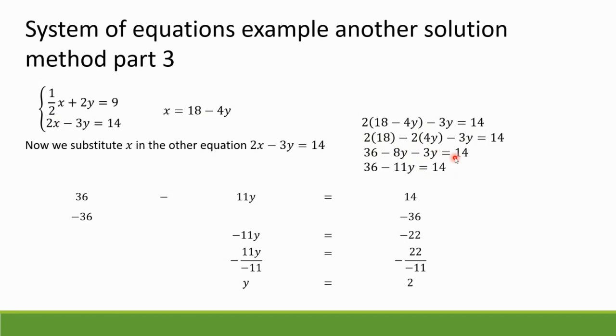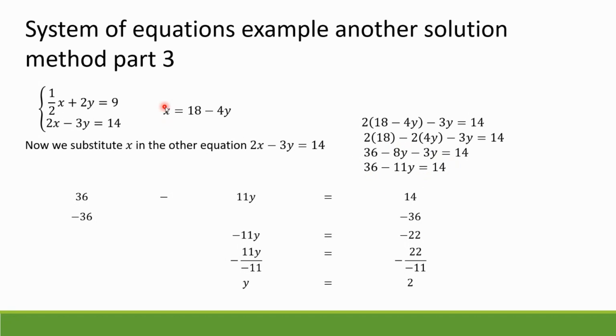Minus 3y is 14. Again, we're just trying to figure out what y is now. Once you plug it in, you have one variable to deal with. In this case, it's y. Let's figure out what that variable is. From here, we get 36 minus 11y is 14. That's what we get here.